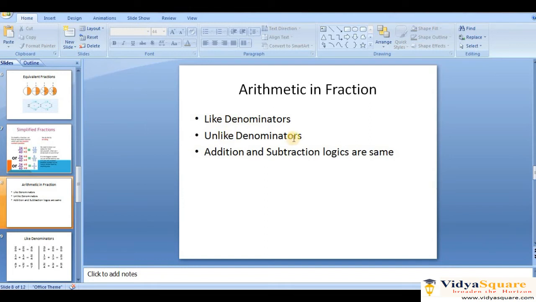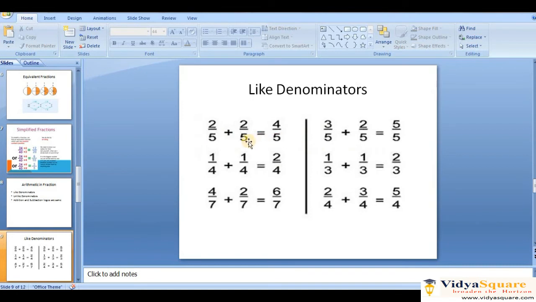So what are like denominators? Like denominators are the ones which have the same value in the denominator. However, the numerator can be different. You can see here 4 over 7 and 2 over 7.